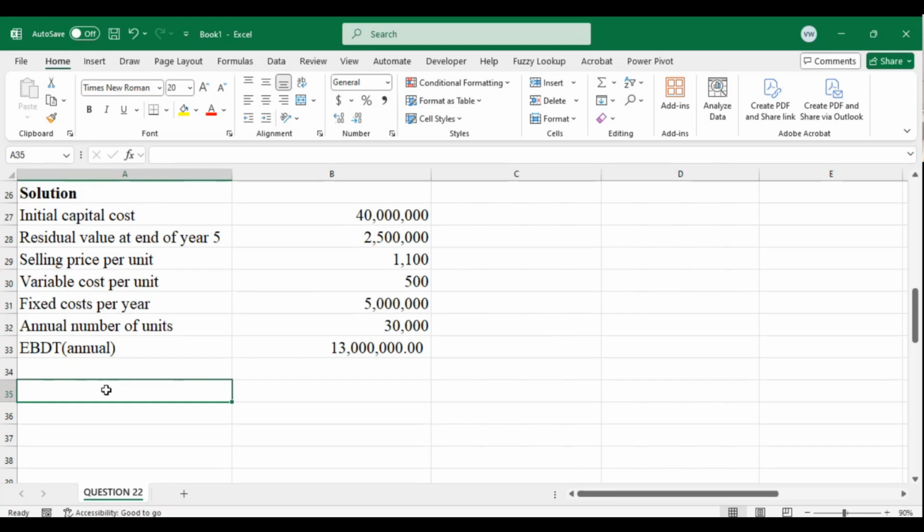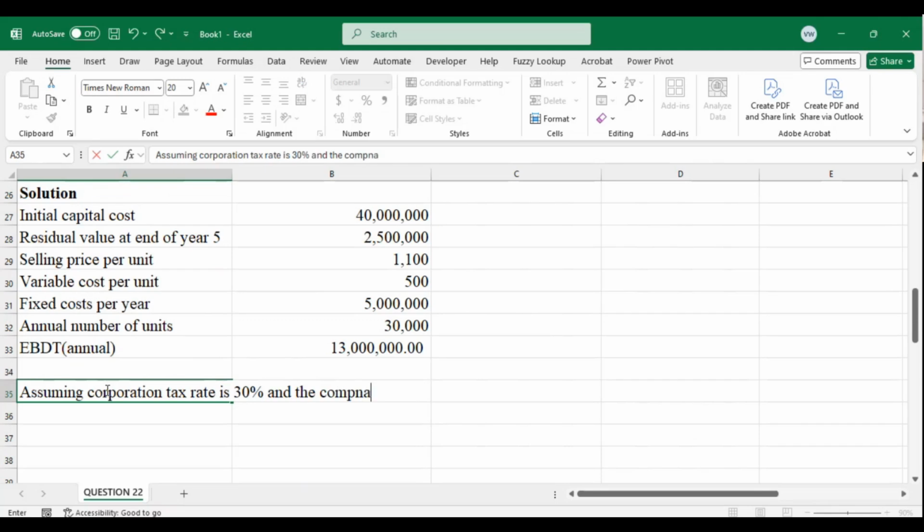So we can just say, assuming the corporation tax rate is 30% and the company charges depreciation using the straight line method.